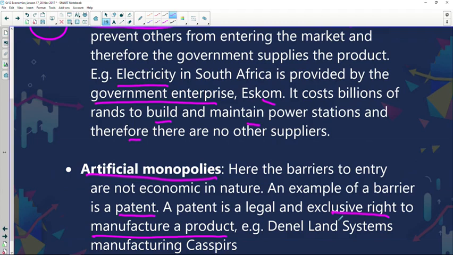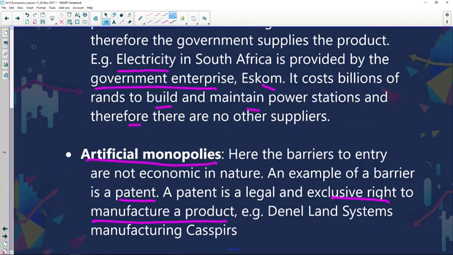So it does make it difficult for new competitors to come into the market space because of the patent rights imposed on these products, and they make it difficult for other people to manufacture. So they are not natural. It's not an economic thing, whereas this one is much more economic because there are huge costs involved.